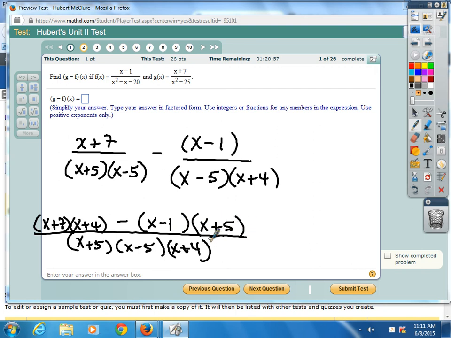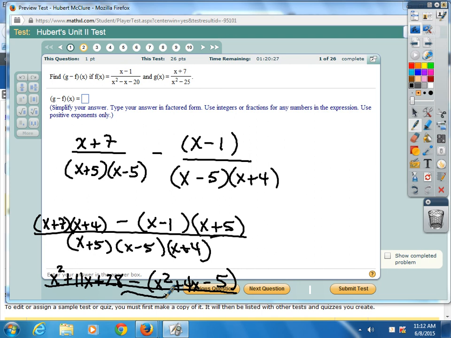When I go to finish working out the problem, I cancel the stuff out. On top, x squared plus 11x plus 28 minus parentheses x squared plus 4x minus 5, all over the common denominator.